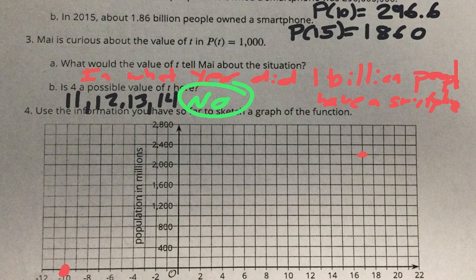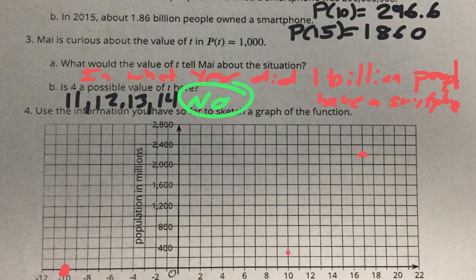We know at 10, we should be at 296.6. So if I go over to 10 and up to 296, this is 200. 300 would be halfway. So 296 is really close to 300. So at 10, we're here at about 300.